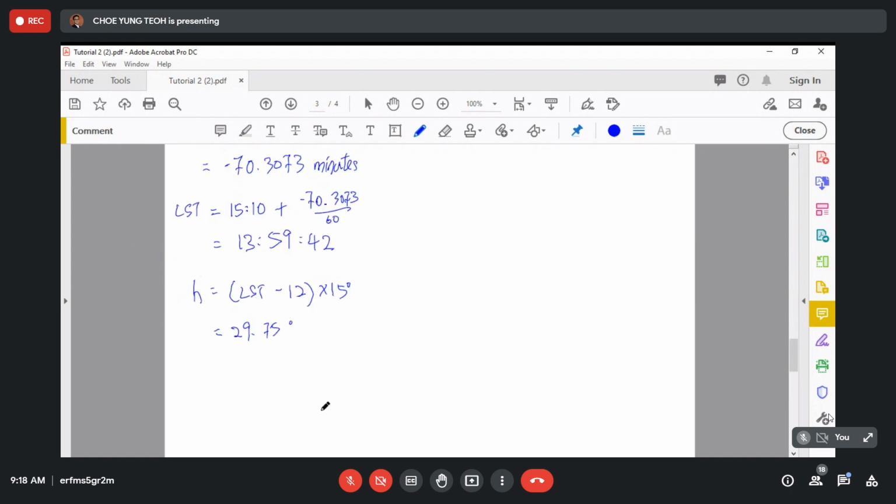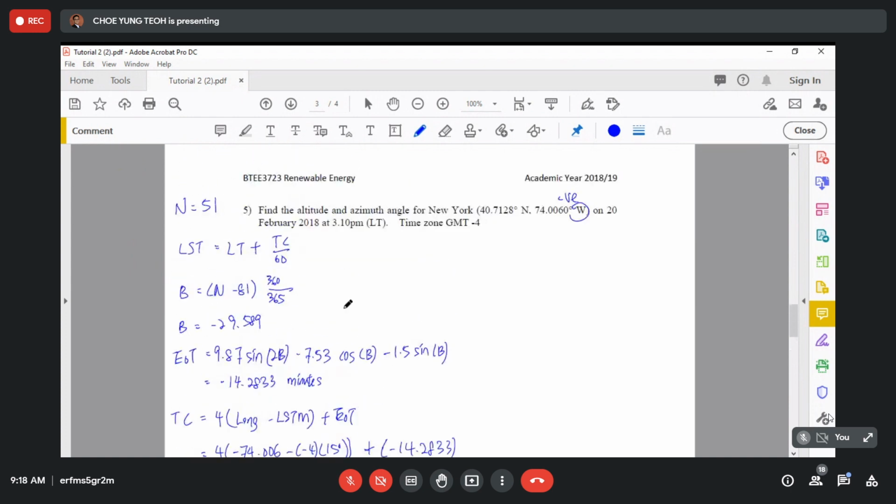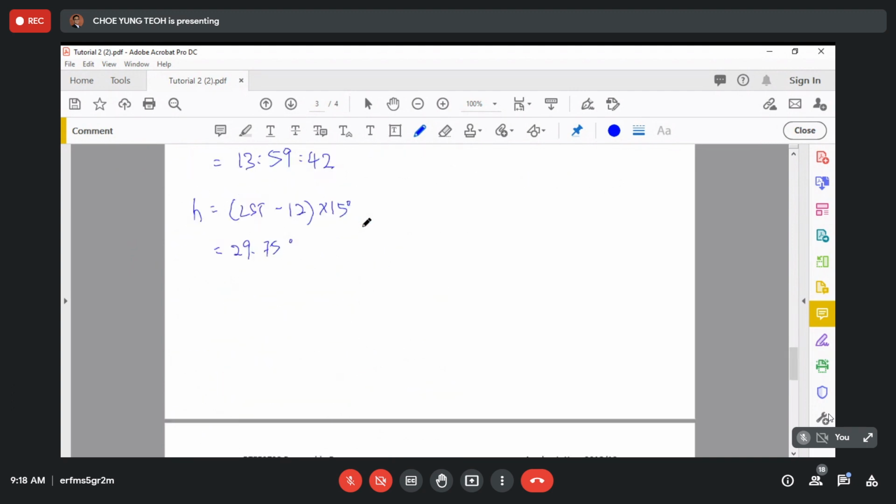Okay, so once you get H, then I think it's time to find altitude and azimuth angle. So let's say find altitude angle, sine alpha. Seems like we're still missing declination angle.